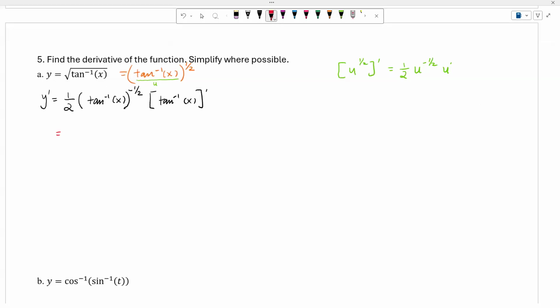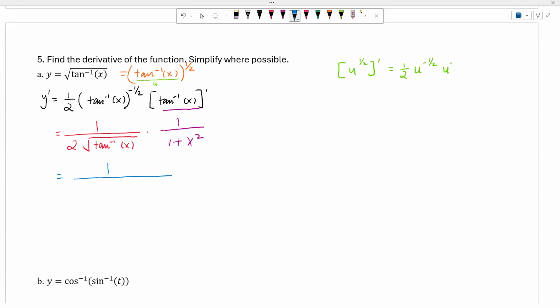So I will have 1 over 2 times square root of tangent inverse of x. And the derivative of tangent inverse of x is 1 over 1 plus x squared. So maybe let us try to combine everything together.